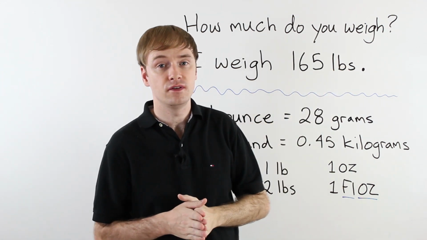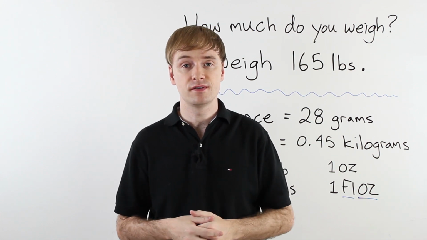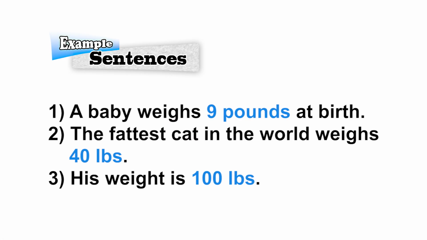Let's take a look at a few more examples of how to express weight in the imperial system. All right, the first example, a baby weighs 9 pounds at birth.